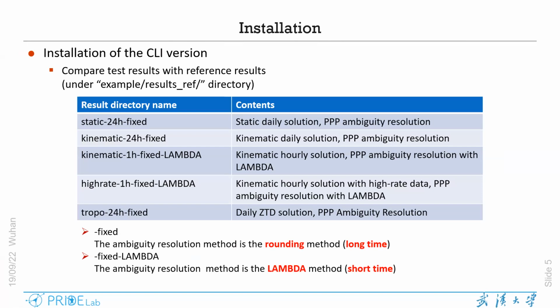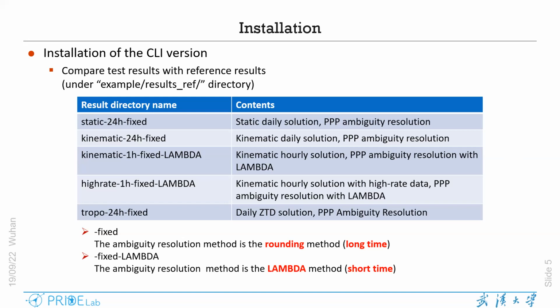The rounding method is used when the time period is long and the float ambiguity is highly precise. The lambda method is used for short time periods, by transforming the covariance matrix to achieve the effect of decorrelation and then obtain the integer ambiguity.